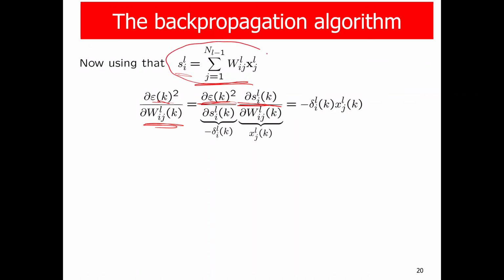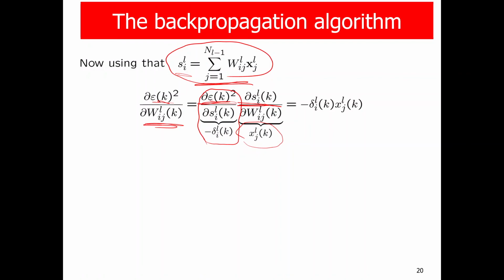From this expression, it's very easy to see that the derivative of S L i with respect to the weights W L i j is nothing else, just X L j. And the first term here, the derivative of epsilon squared with respect to S L i, is just the negative backpropagated error at layer L by definition.